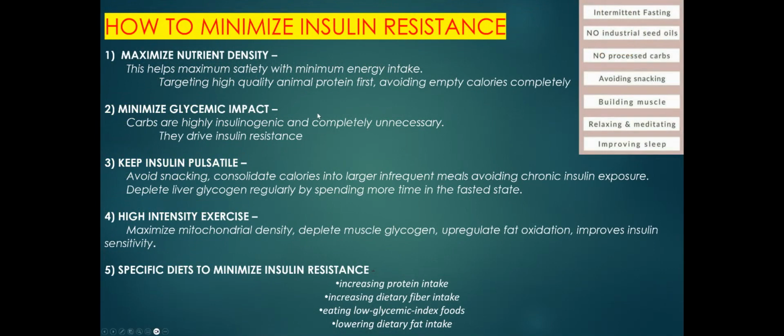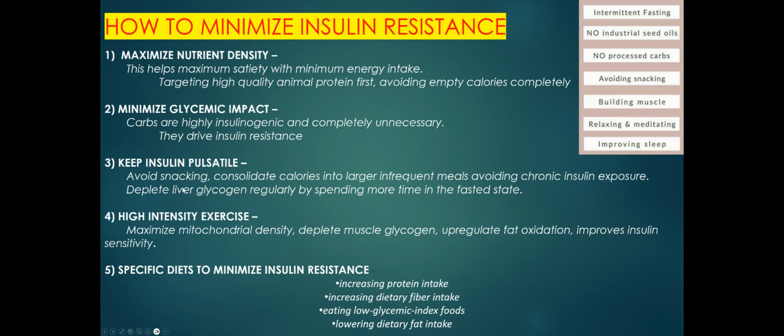We can do that by eating nutrient-dense food that improves satiety, eating good quality animal protein, avoiding empty calories, and minimizing glycemic impact with carbs that are protective, and basically avoiding high-impact processed, insulin-stimulating foods.